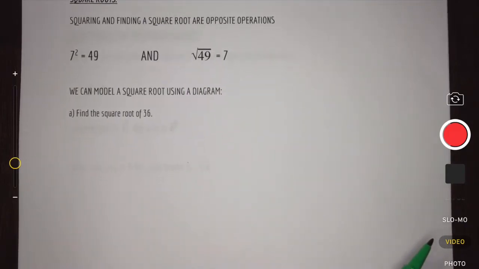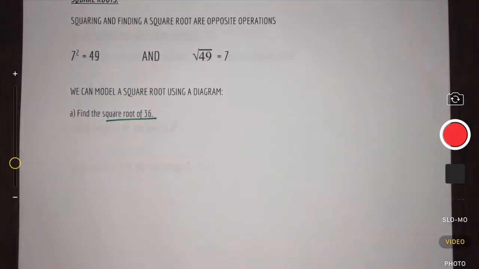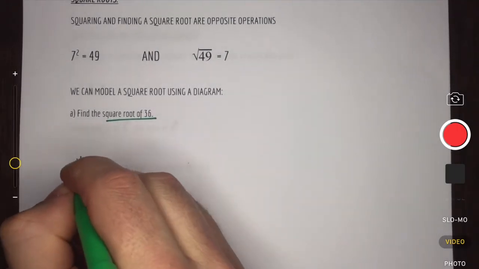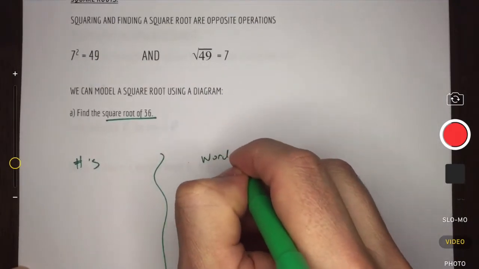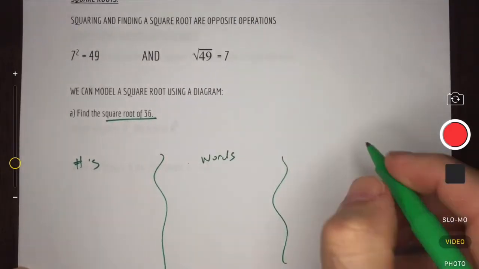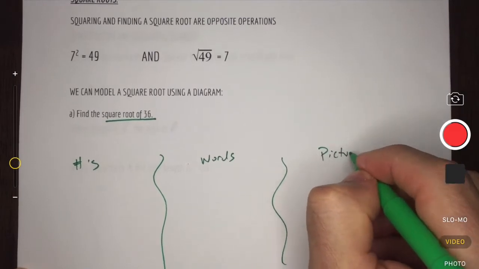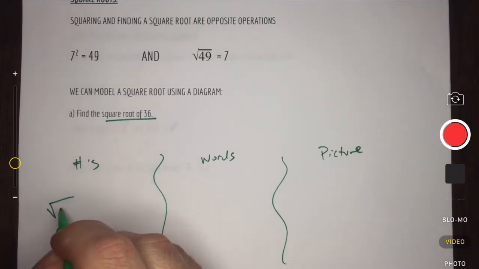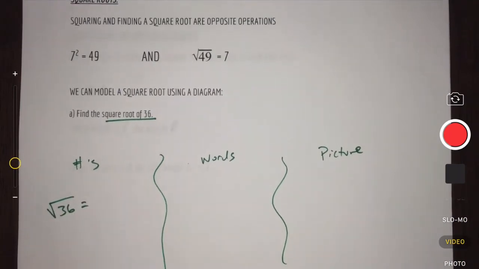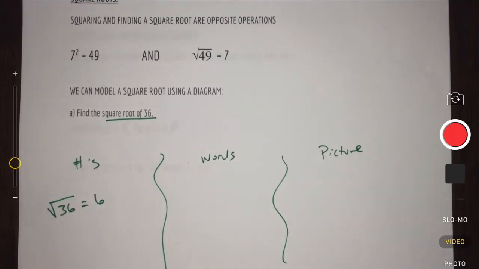So together let's find the square root of 36. I can do this in numbers, I can do this in words, and I can do this in picture format like we did on the first page. So in numbers, I can think of this as the square root of 36 is equal to, so I have to think to myself, what number is multiplied by itself to give me that even 36, and I know that's going to be 6.